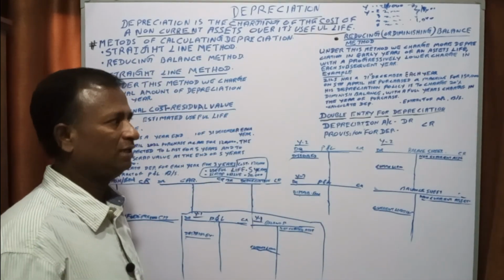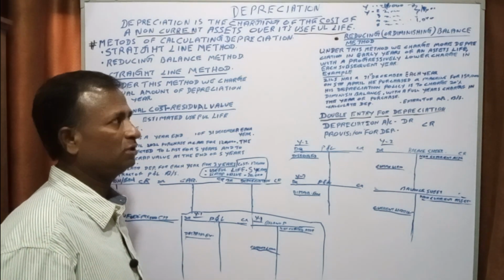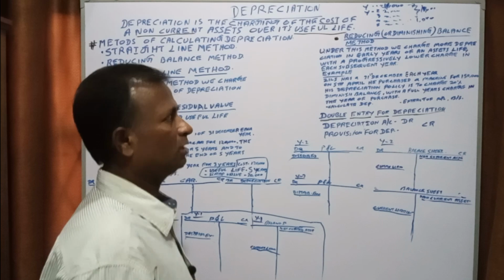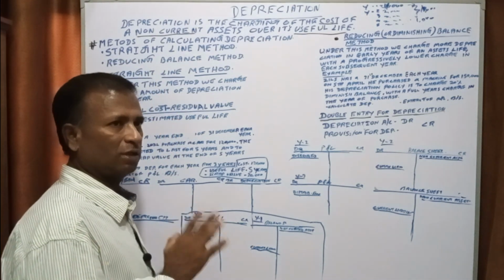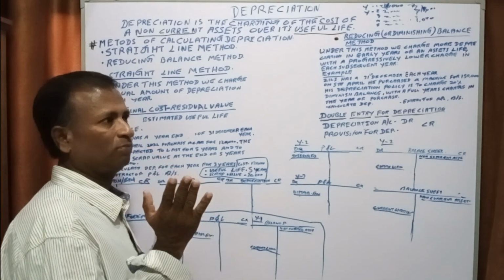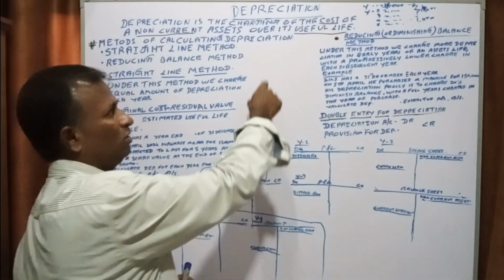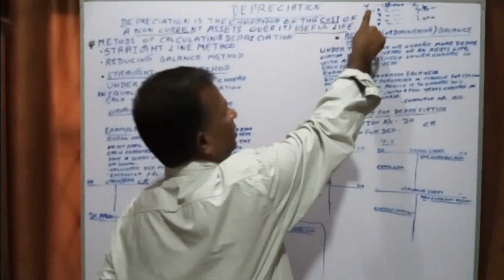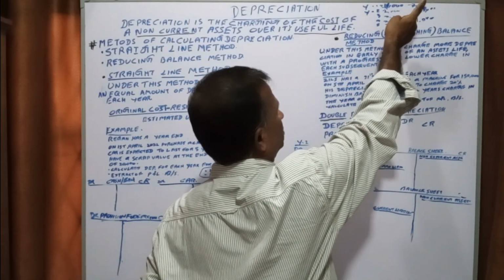What they are trying to say is, if we apply the reducing balance method, then in the early years, comparing year 1, the depreciation may be 20,000.